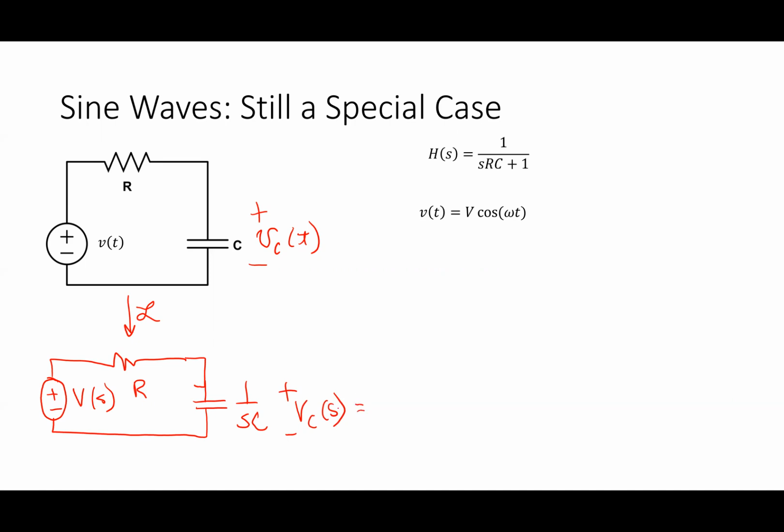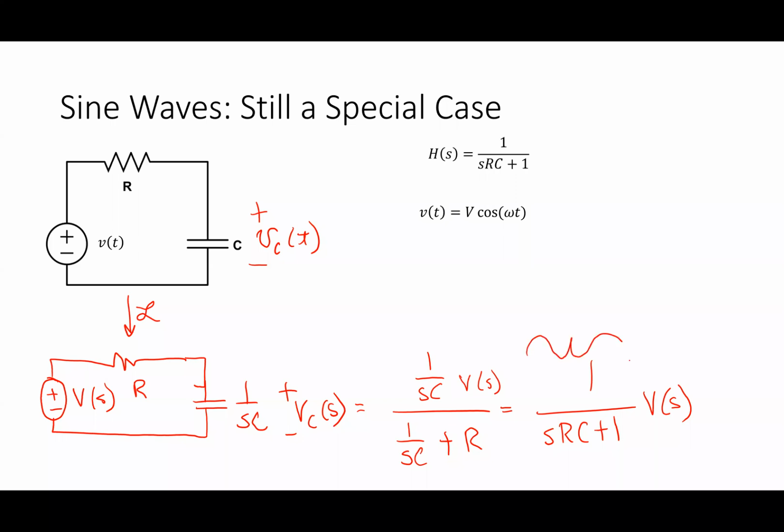Voltage divider again. And so I would have 1 over SC over 1 over SC plus R. We did this Monday. That becomes 1 over SRC plus 1 times the voltage. So I got this here, and this is my H of S, my transfer function.